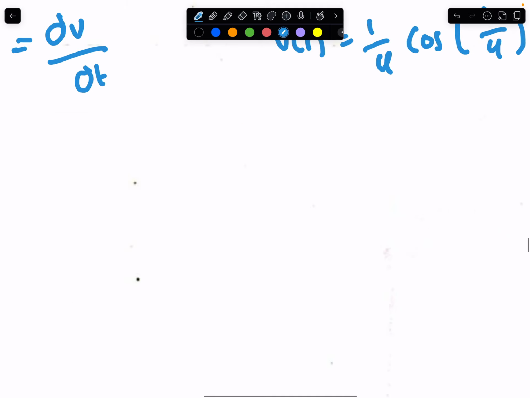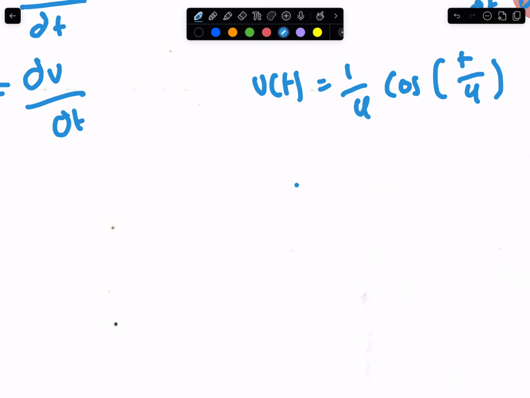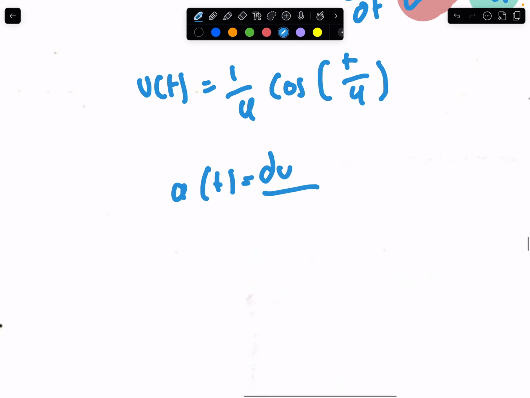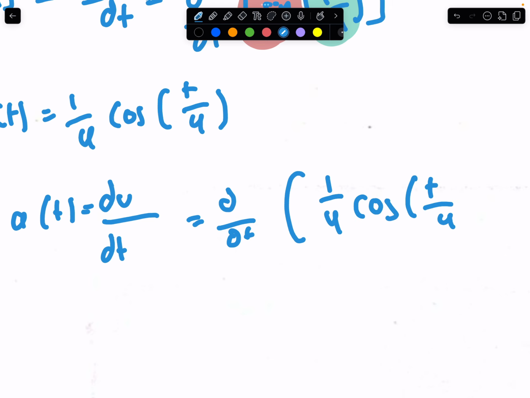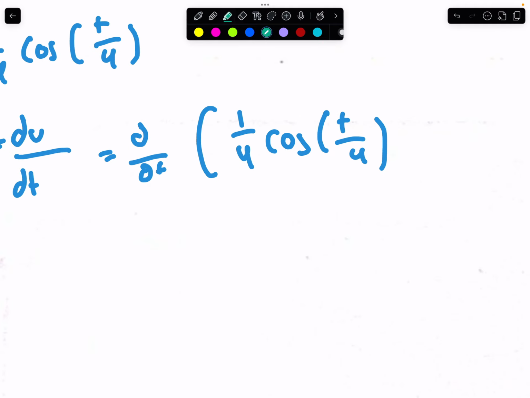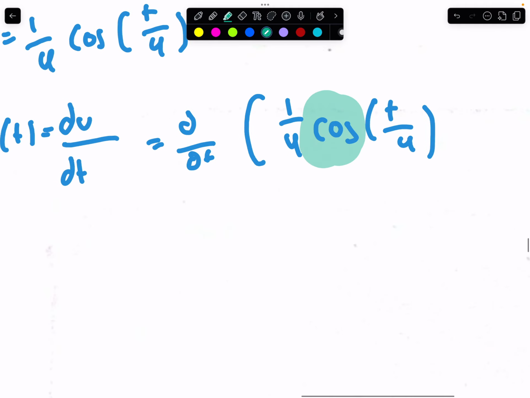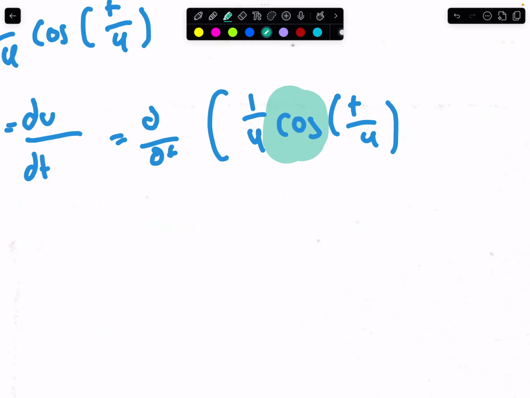Step 2, we find acceleration, and we do the same thing here. We differentiate again: a is equal to d/dt of 1 over 4 cos t over 4. The derivative of cos u is negative sine u, and we multiply by the chain rule again, 1 over 4.